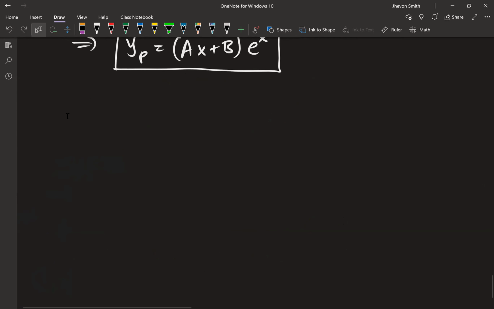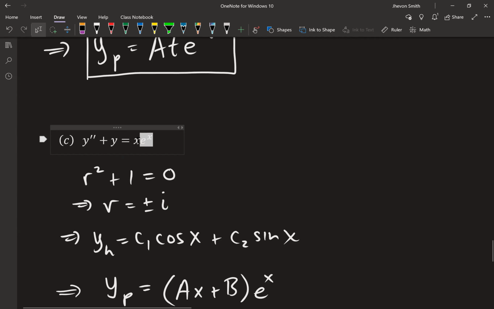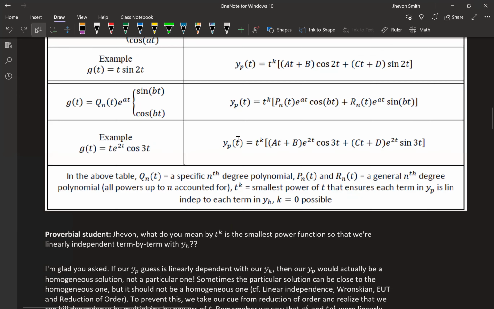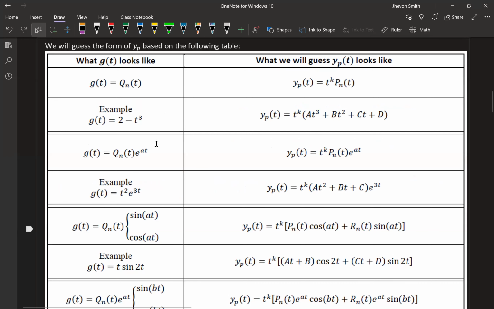How come? Well, my g is x e to the x, which means my g looks like this form in the table. My g is a q sub n e to the at, which means my guess should look like this.